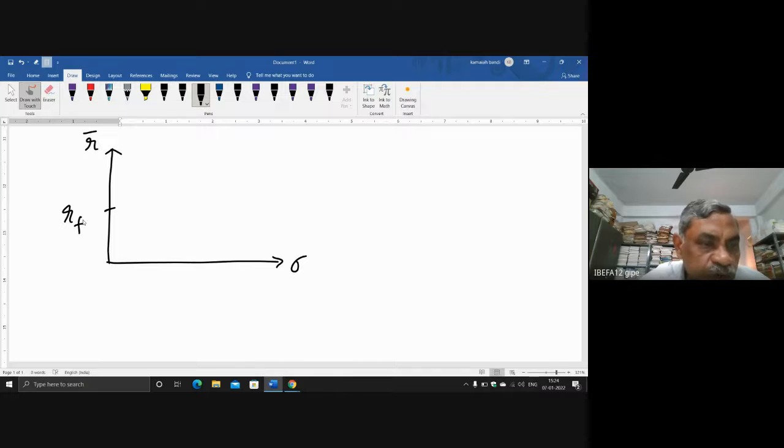The meaning of that, all of you know that. It's an asset whose risk is 0. That is why this is falling on the vertical axis, because value of sigma is 0. Okay. Now, you also have the notion called the market portfolio. So let this market portfolio be represented by M. Okay. So the line joining these 2 like this is known as capital market line.